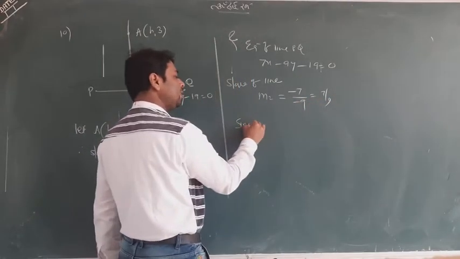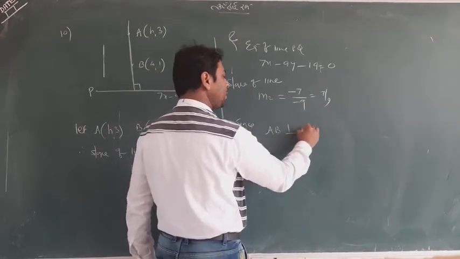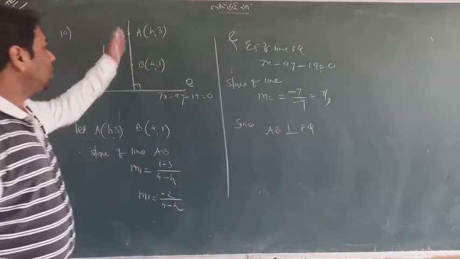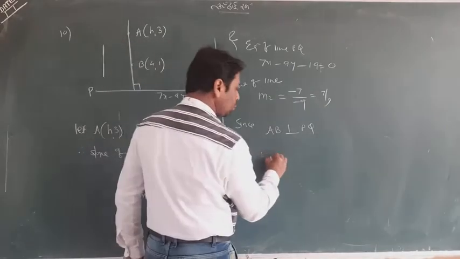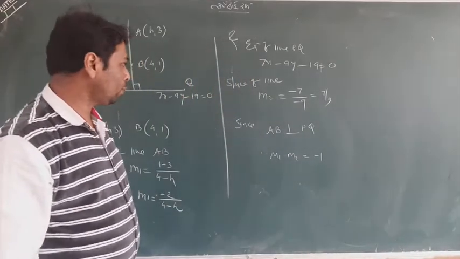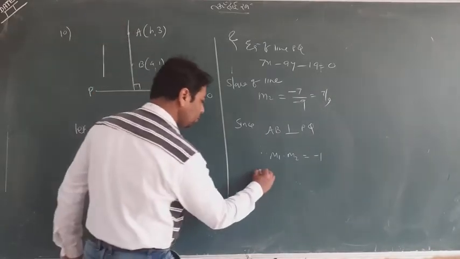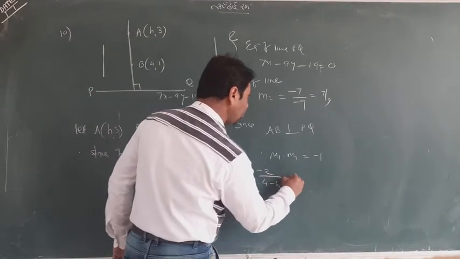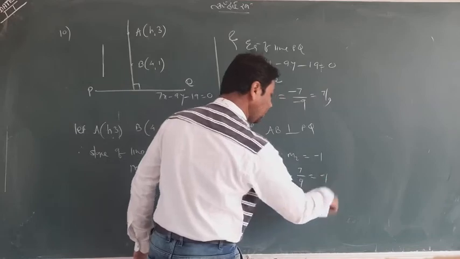So I write here, since line AB is perpendicular to line PQ, the multiplication of slopes is equal to -1. So m1 equal to -2 upon 4 minus h, into 7 by 9, equal to -1.